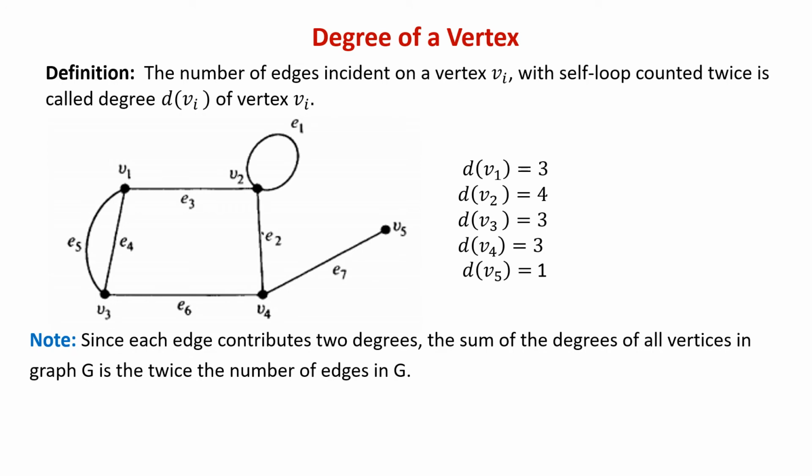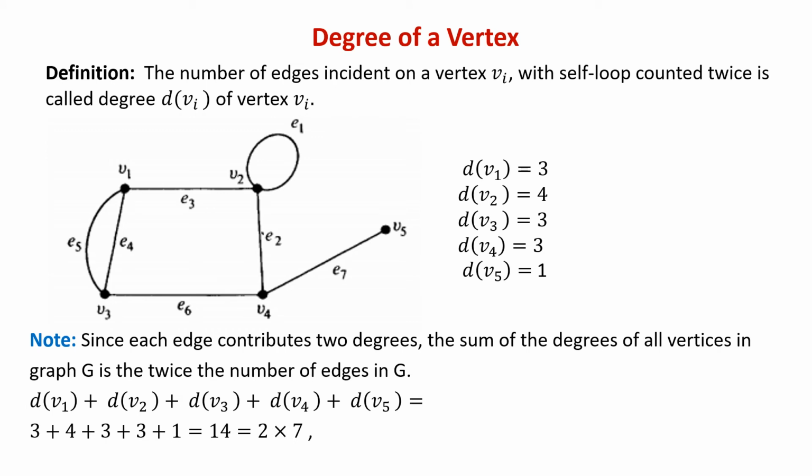Since each edge contributes 2 degrees, the sum of the degrees of all vertices in a graph is twice the number of edges in G. That is, d of V1 plus d of V2 plus d of V3 plus d of V4 plus d of V5 equals 3 plus 4 plus 3 plus 3 plus 1, that is equal to 14. 14 means 2 into 7, that is 2 into the number of edges, that is 2e, twice the number of edges.